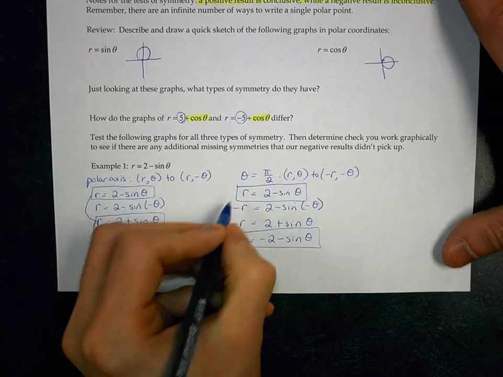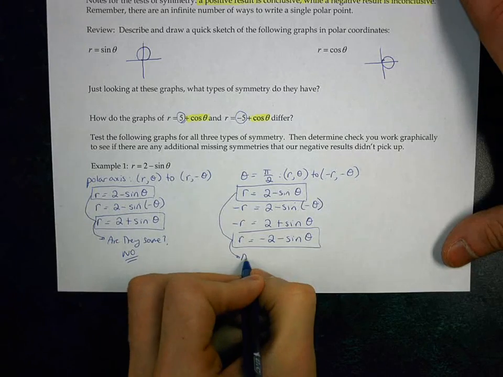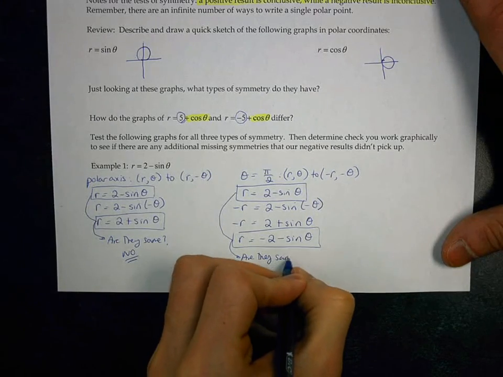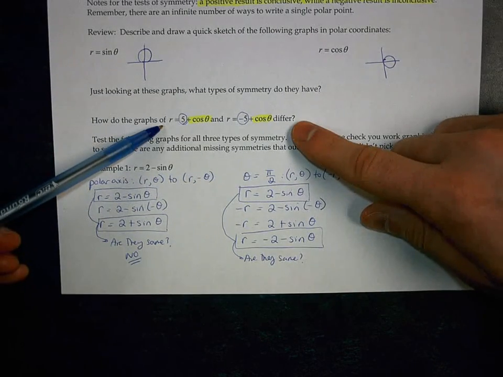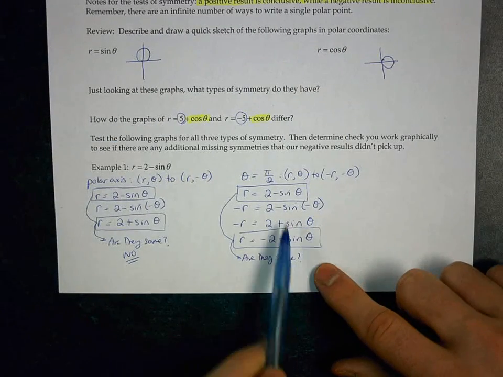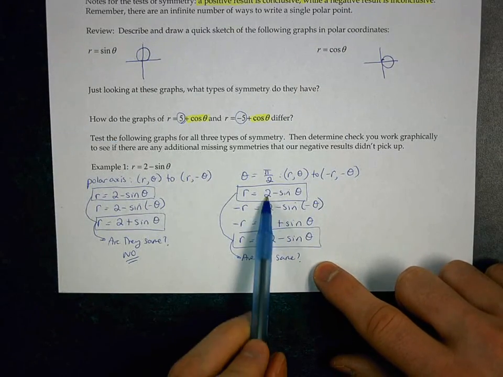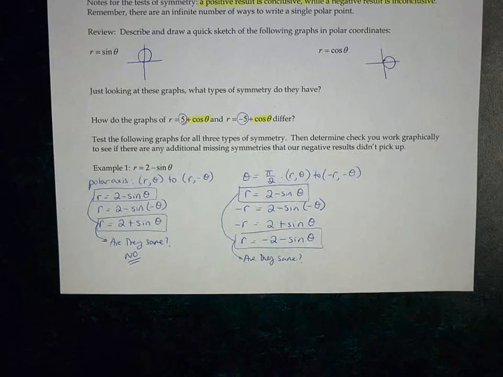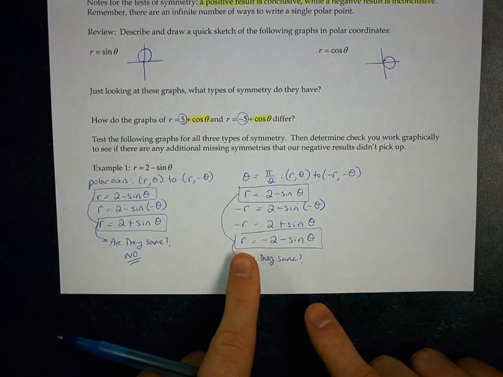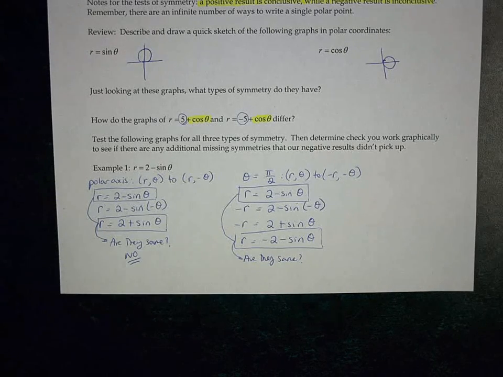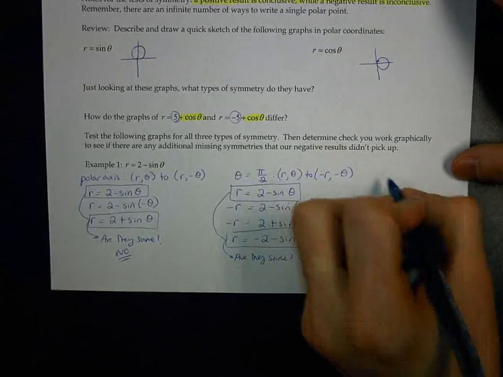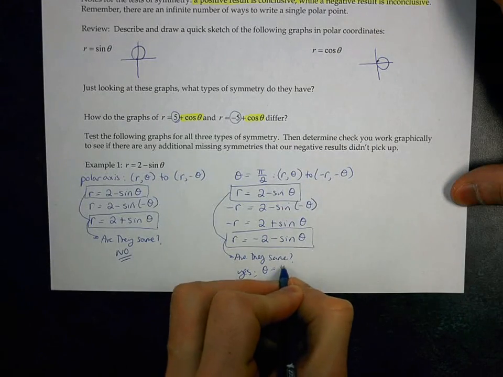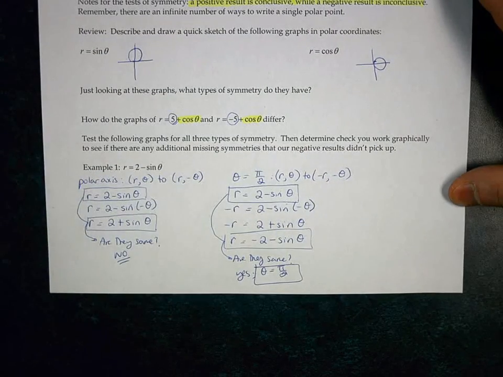So what I'm comparing right now are these two equations. And are they the same? And the answer is yes, these are the same. This is the idea that we had right here. I've got the same negative sine function there, and the only part that's different is the sign of the a value in this case. So these two graphs are the same, and if I were to graph them on the graphing calculator, the only difference is that they'd have a different starting point and a different ending point when I look at it from the graph's perspective. So this one, yes, we definitely do have theta equals pi over 2 symmetry.